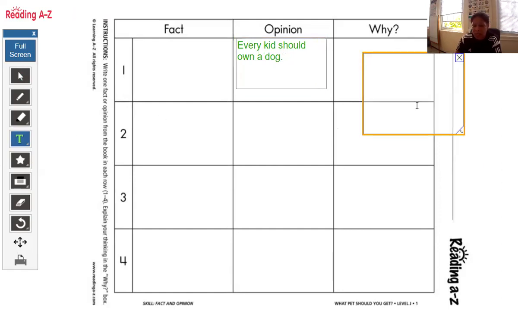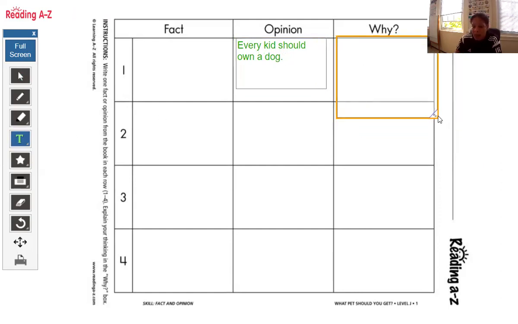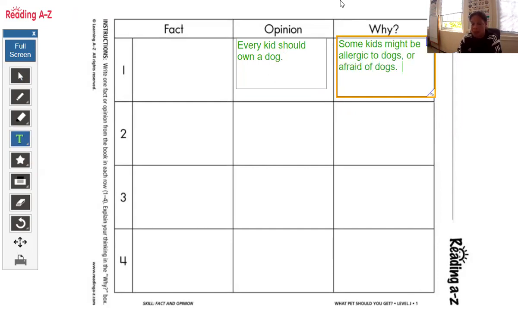This is what somebody believes. The reason why I think that this is an opinion is because some kids might be allergic to dogs or afraid of dogs. And if that's the case, then all kids shouldn't own a dog. So this is an opinion, all right?